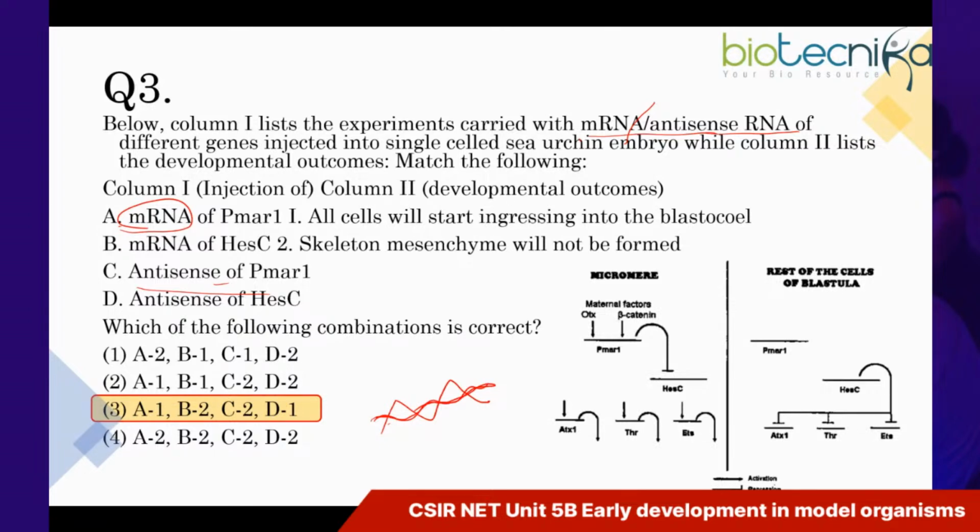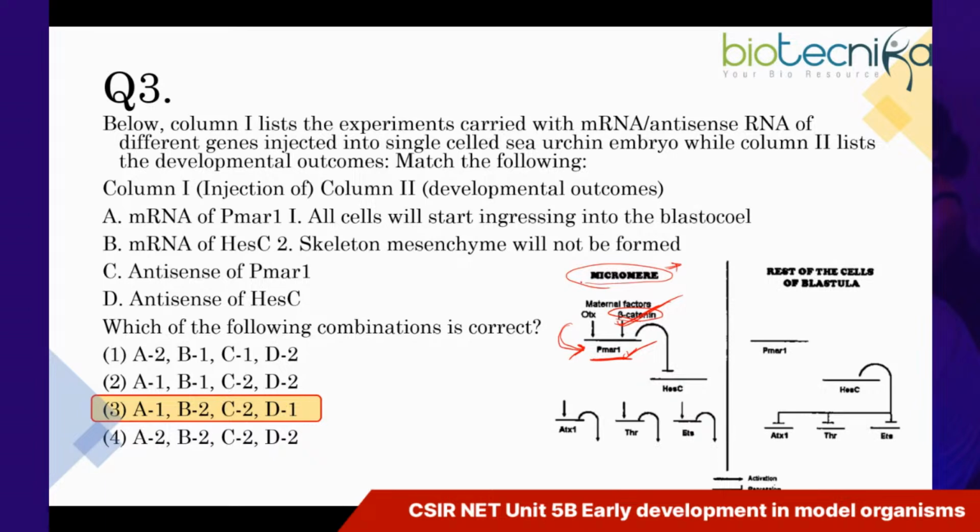And from sea urchin, you need to know the concept that in micromeres, we know beta-catenin is there. So they will activate PMAR1. Micromeres are autonomously specified because of beta-catenin.